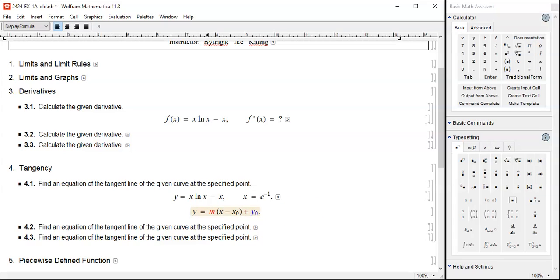Oh, by the way, some students may prefer this: y minus y0 is equal to m times x minus x0, in this form. And then we have the point x0 comma y0 and then the slope m.